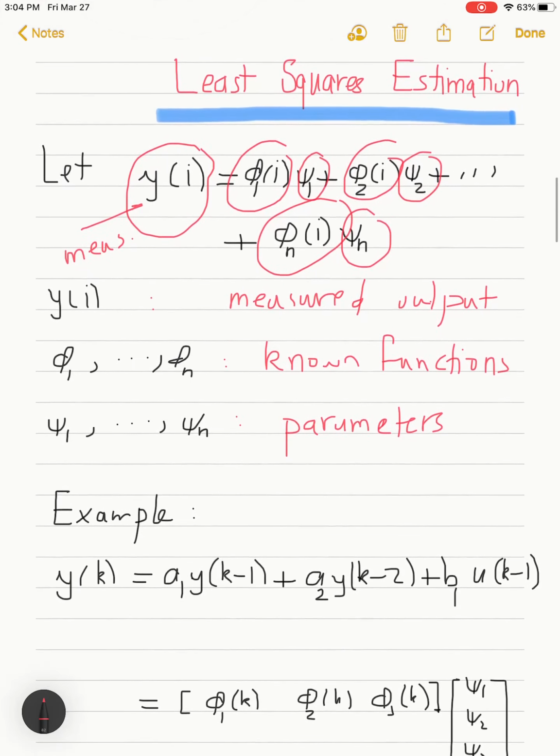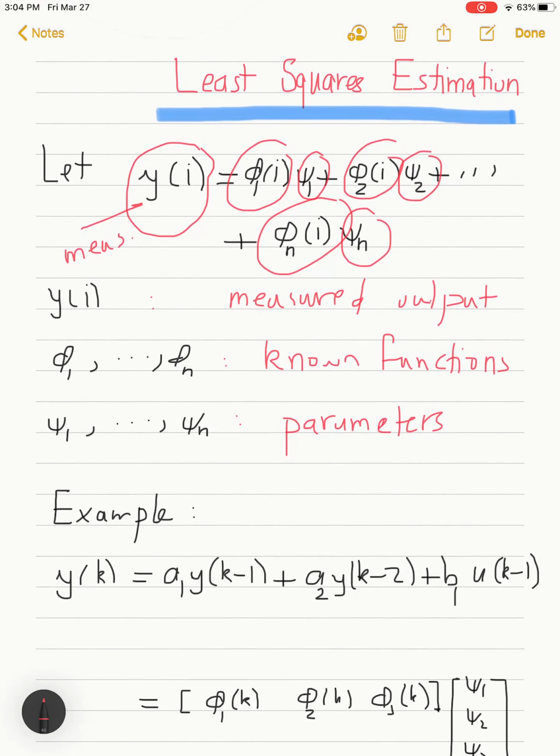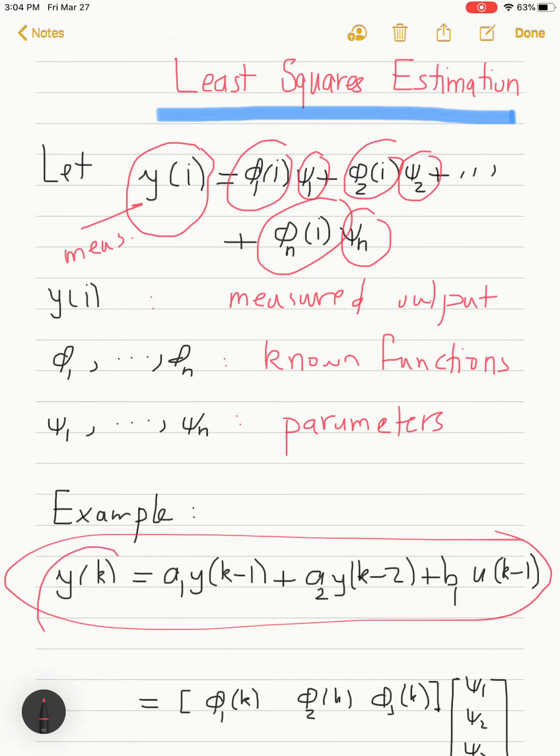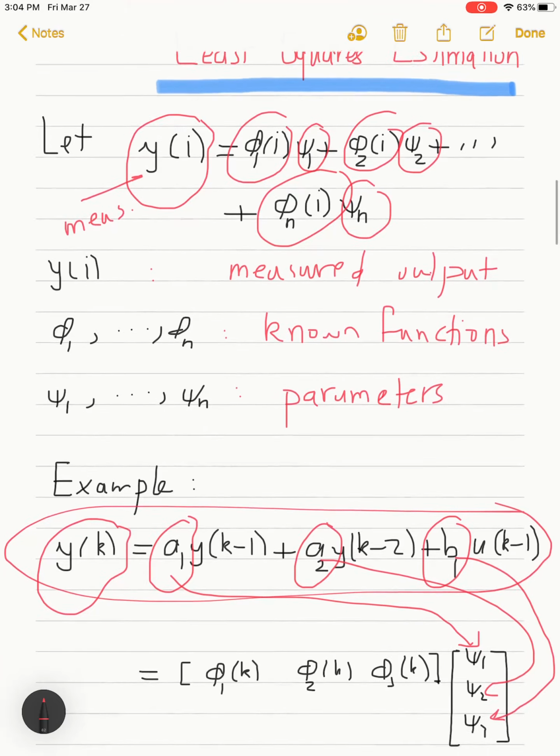Now let me give an example to illustrate what I mean by this model. This is a difference equation of a linear time invariant system. So the output is y(k), and the parameters are a1, a2, and b1. So a1 would be psi 1, a2 psi 2, and b1 is psi 3.